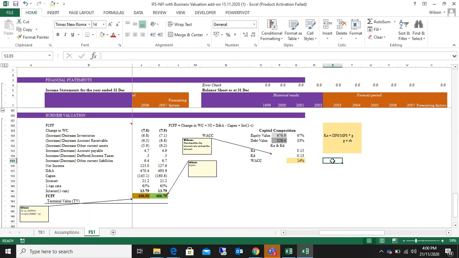Majorly it's based on the growth in the GDP of the country and the inflation rate. So you can just look at the growth rate of the GDP and inflation rate and assume the number you're going to use between 1 to 5%.